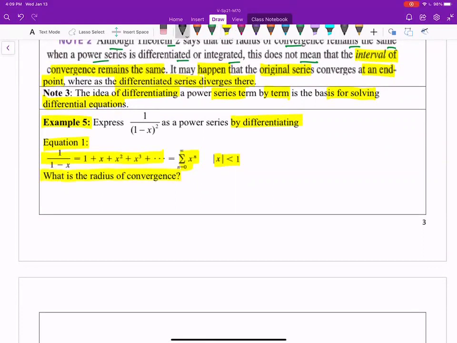So let's start with the power series representation of the function. 1 over 1 minus x, in expanded form, is 1 plus x plus x squared, etc., which can be written in sigma form as x to the power n, n varying from 0 through infinity. Now let's differentiate this.